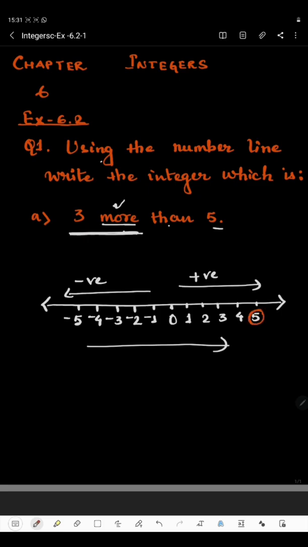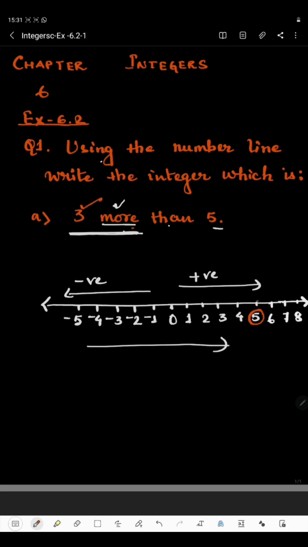Now 3 more than 5 means where is 5 on the number line? Here is 5. Let us extend the number line: 6, 7 and 8. Now 3 more than 5 means we will have to move to the right of 5, 3 steps.